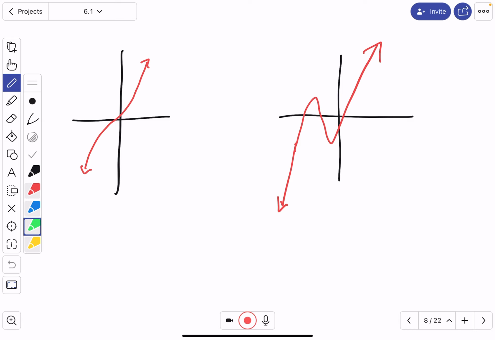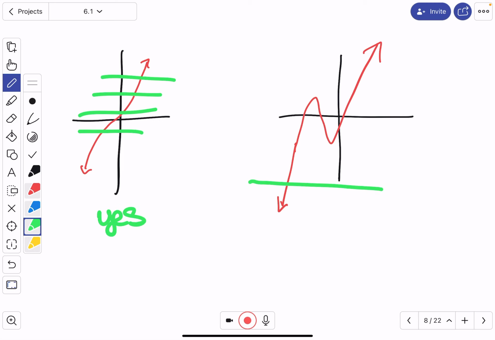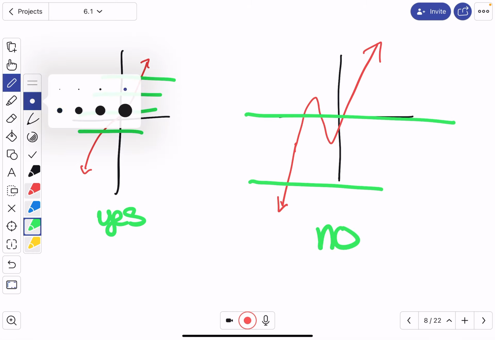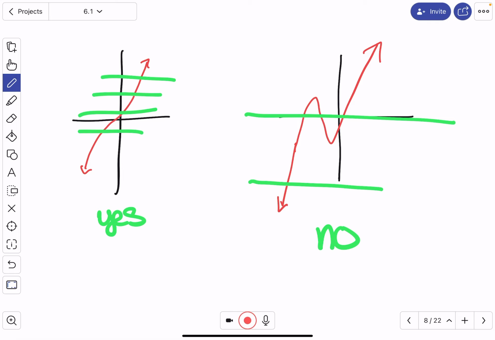Yes or no for one-to-one? Well, the first one's a yes, because no matter where you go, you touch in one place. The second one, even though here you can touch in one, here you touch 3. Because even part of the graph doesn't pass the horizontal line test, it's not a one-to-one function.